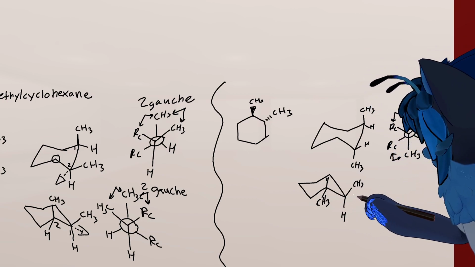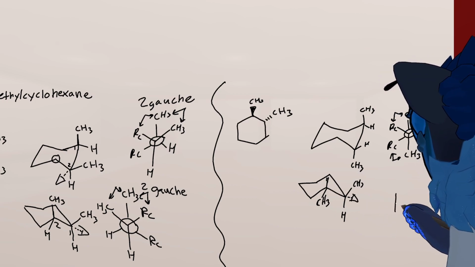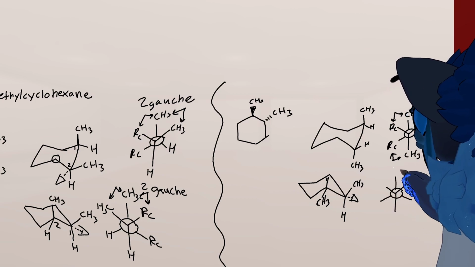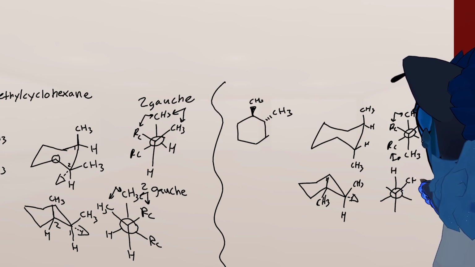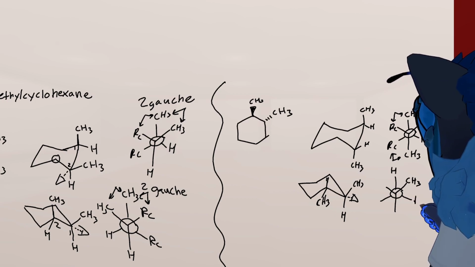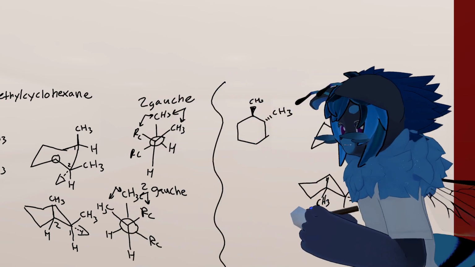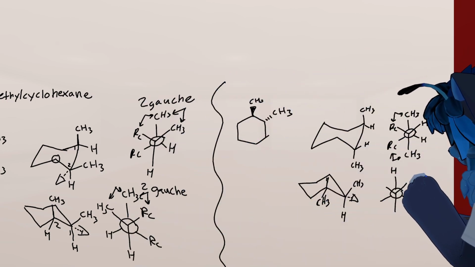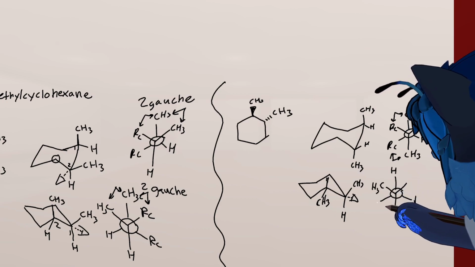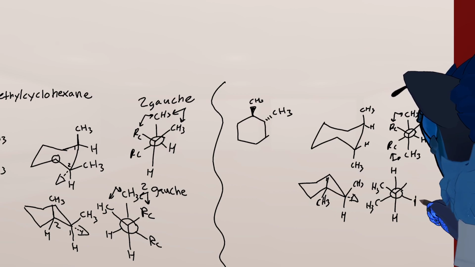So let's draw a Newman projection looking down these two bonds. I think I've done it again. Front carbon. Oh yes. This methyl goes here. This methyl goes here. This is a hydrogen, and these two are ring carbons.